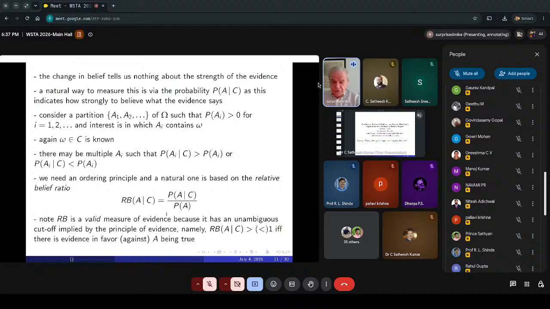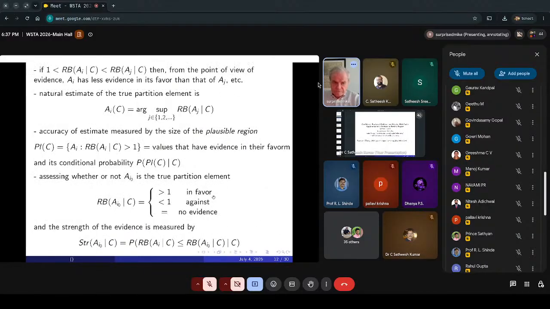That's a valid measure of evidence, meaning it agrees with the principle of evidence, because there's a cutoff: if the relative belief ratio is bigger than 1, I have evidence in favor of A being true. If it is less than 1, I have evidence against. There are other valid measures of evidence, but this seems to be the one with the best properties.